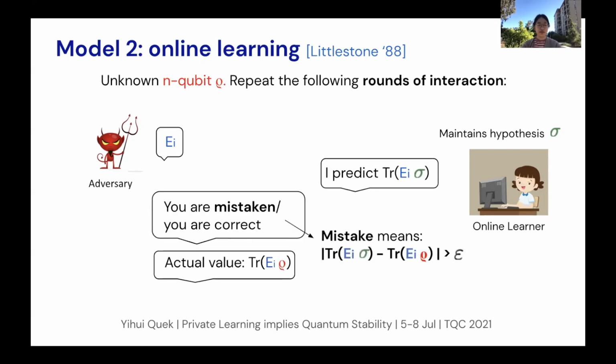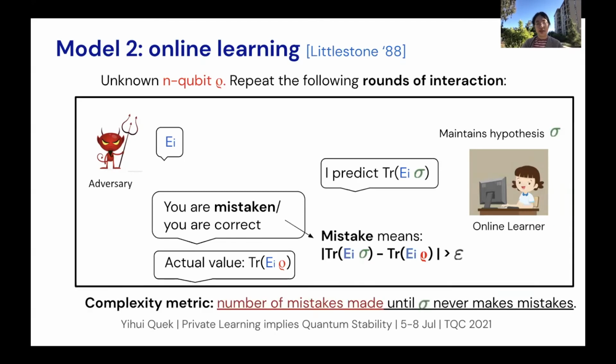Then the adversary responds with, you are mistaken, where mistake means that the prediction of the learner was epsilon far from the correct value, or you're correct, which means that it's epsilon near to the correct value. And in case the online learner was mistaken, the adversary then provides the actual value, trace E_i rho.